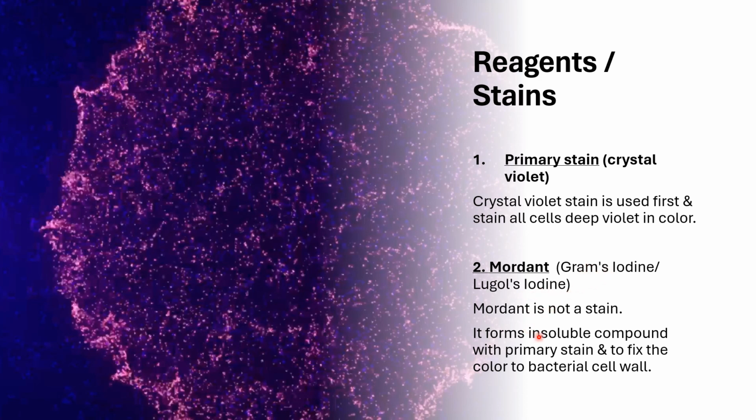This mordant is not a stain, and it forms an insoluble compound with the primary stain, that is crystal violet, and it will fix the color of the primary stain to the bacterial cell wall. That is the main purpose of using a mordant.